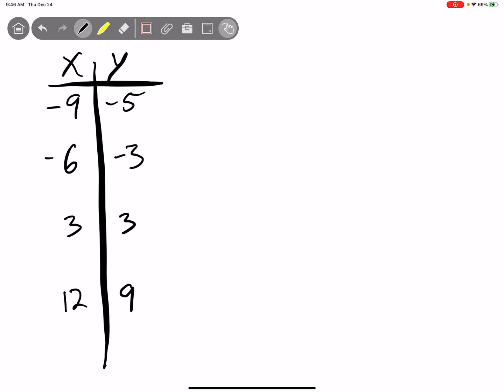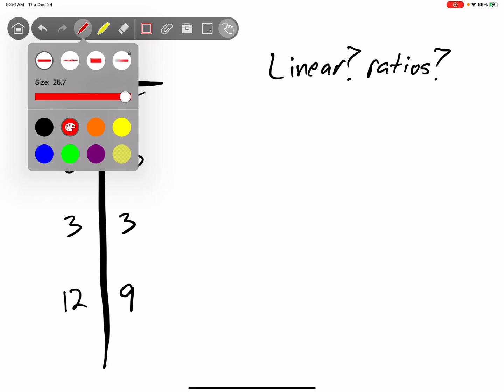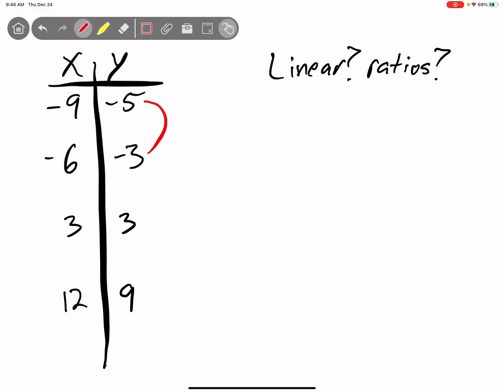Let's go with that. Okay. So first thing, let's check, is it linear? Let's look at the ratios. If I do this, -5 to -3, I have to add 2. -3 to 3, I have to add 6.